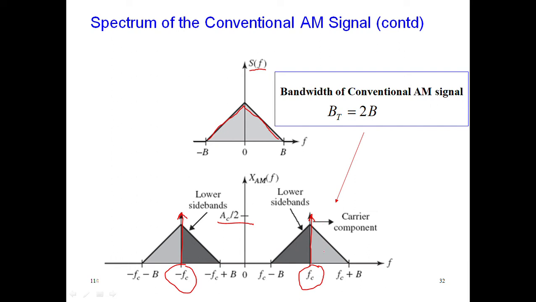This is what we call the upper sideband, and this is called the lower sideband. All this information will depend on the message signal, but it will be located at FC and minus FC.